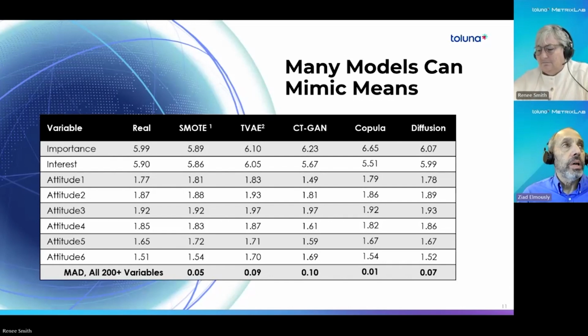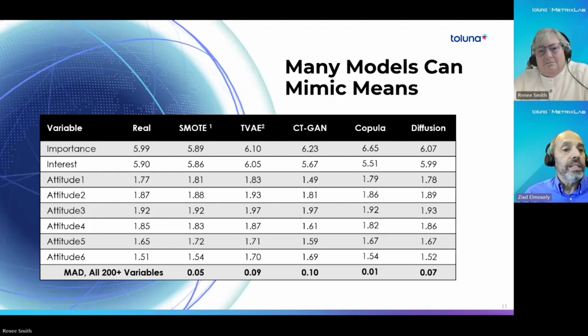So starting with SMOTE, SMOTE is short for Synthetic Minority Oversampling Technique. It uses K nearest neighbors to generate new observations in the minority group while keeping the number of observations in the majority group the same. So we consider SMOTE a special purpose method for correcting the imbalance of group representation in data sets.